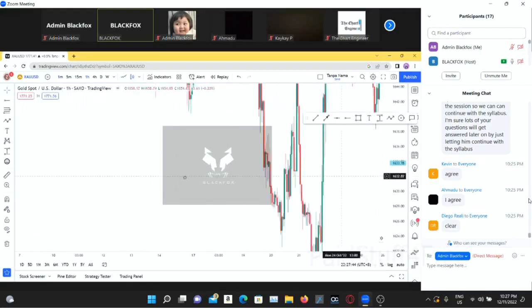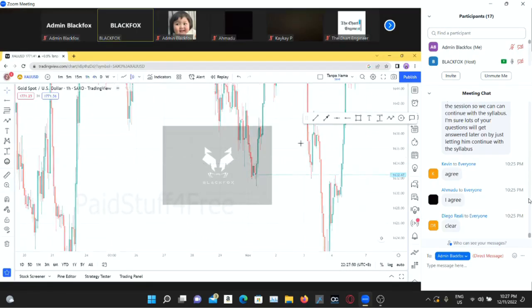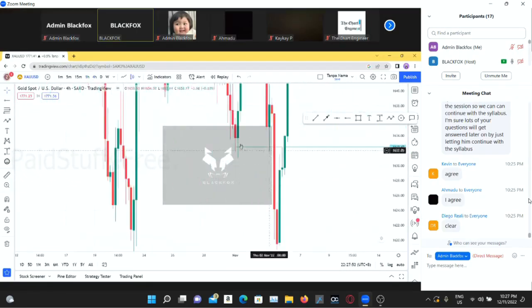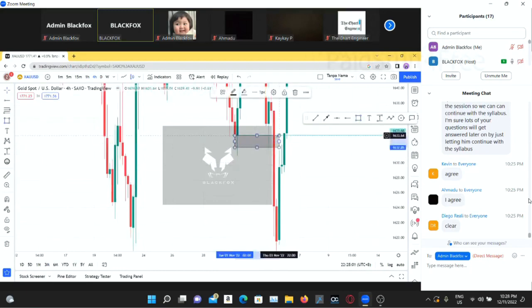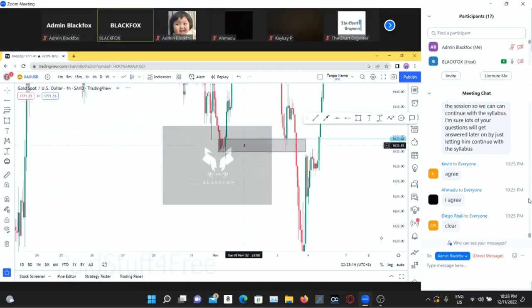It's not precise. Okay. So if we take this one, we must be precise because this H4 zone is too big. So you cannot put your SL, you cannot minimize your SL. So we go to H1 to be precise.